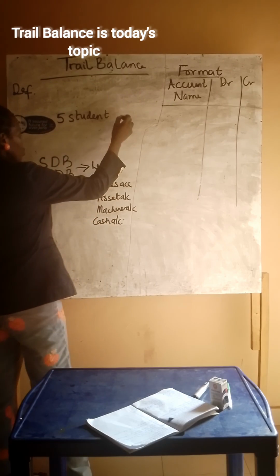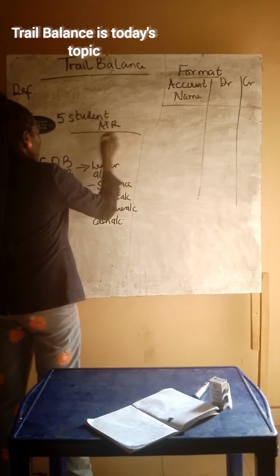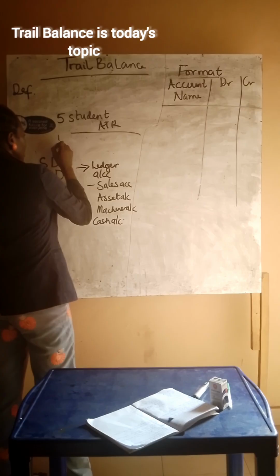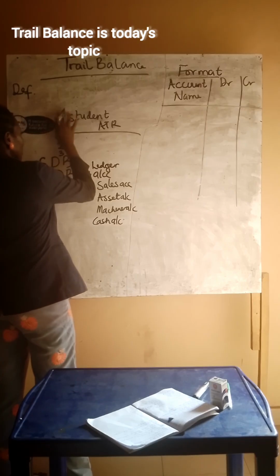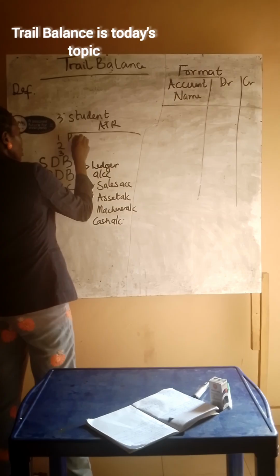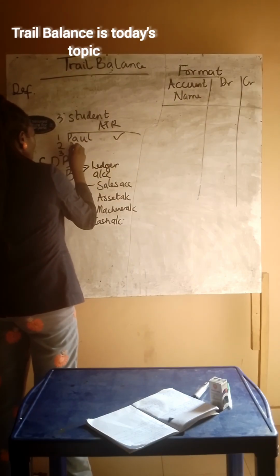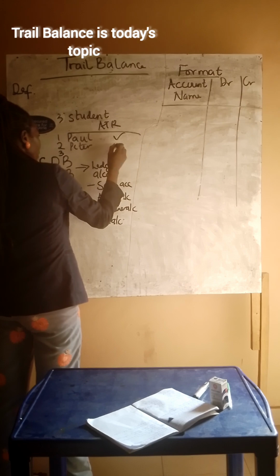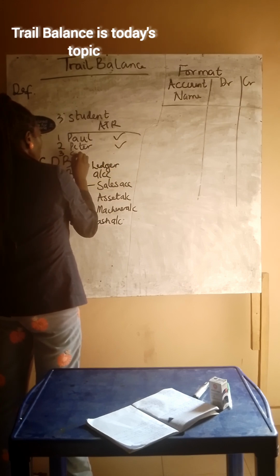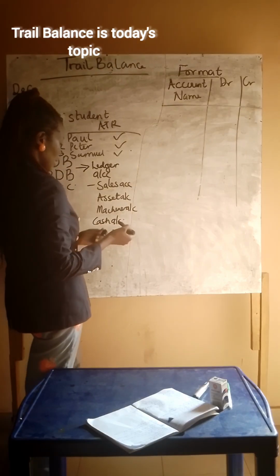So he calls Paul. Paul will answer, present, sir. Peter, present, sir. Samuel, present, sir. So the same thing with our trial balance.